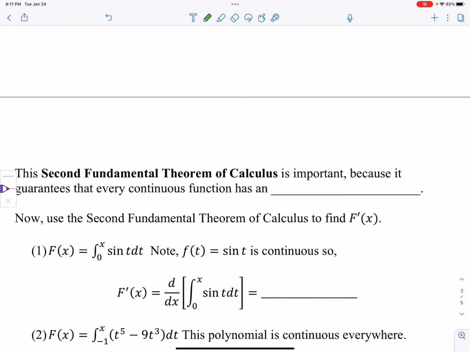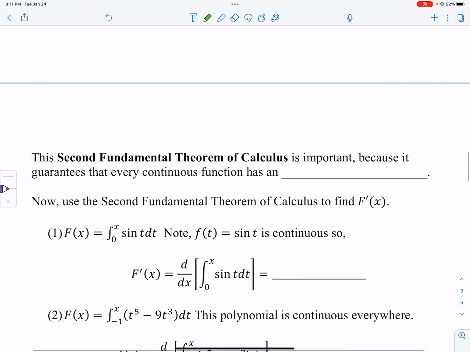Okay, so this second fundamental theorem of calculus is important because it guarantees that every continuous function has an antiderivative. Every continuous function has an antiderivative.